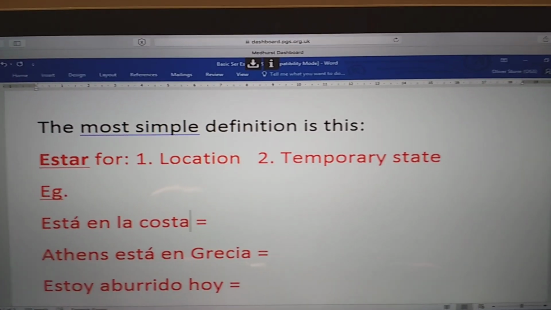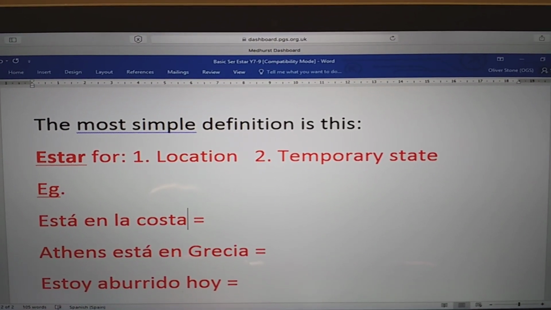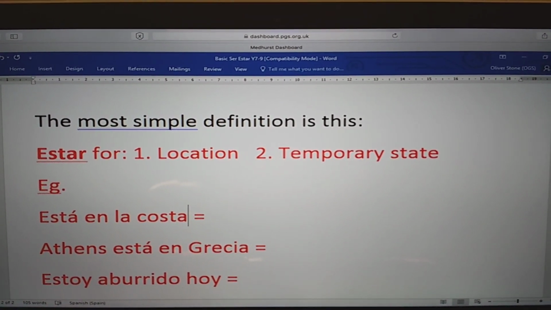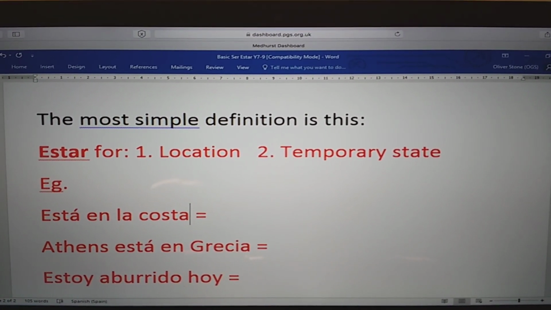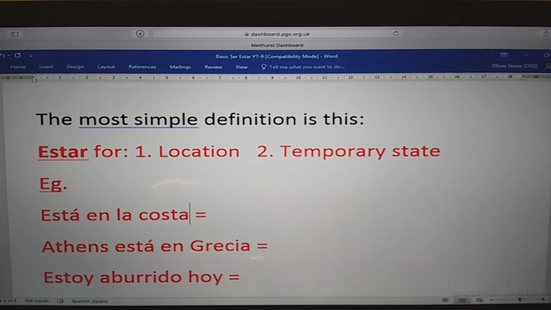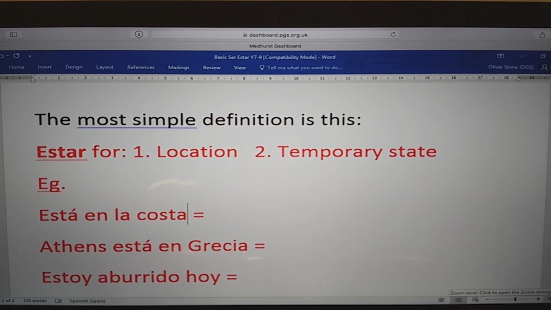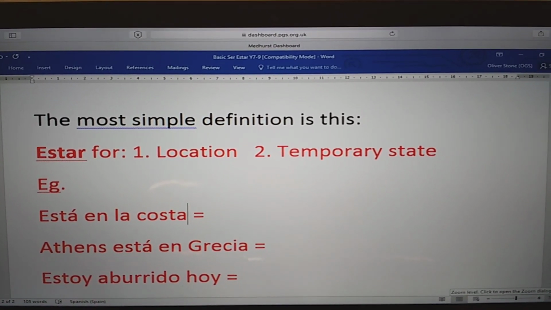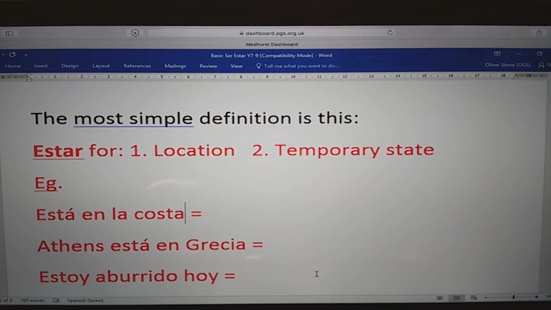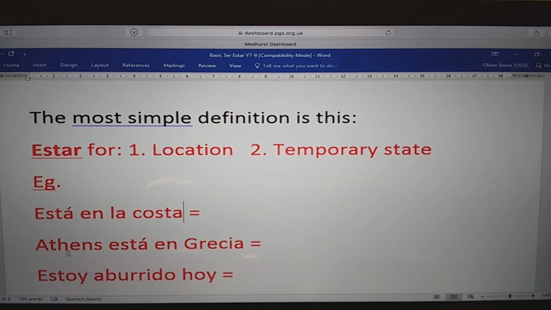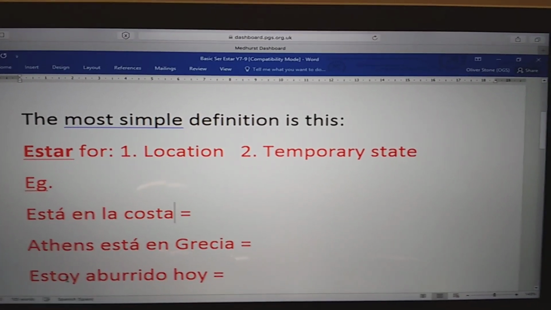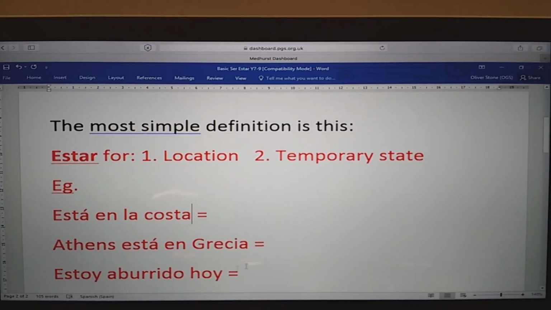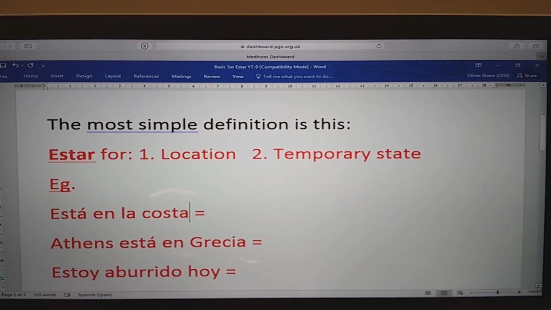So those both come under use 1, location, but then there's another one for temporary state, okay, and that is this one. Estoy aburrido hoy. So I am bored today. Obviously, I hope you're not. And this is also estar, because you're not bored every day, hopefully. All right. So therefore, it's a temporary state.